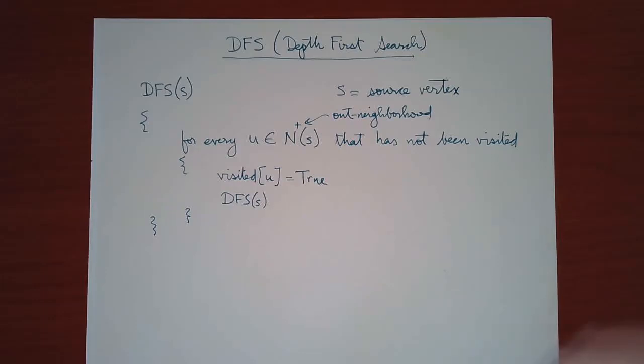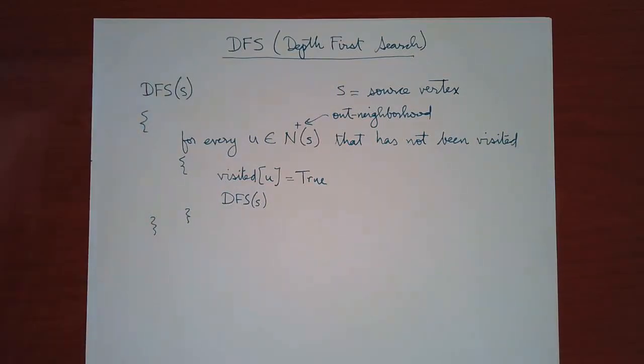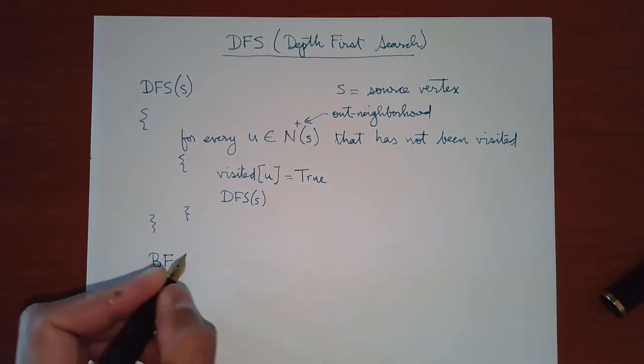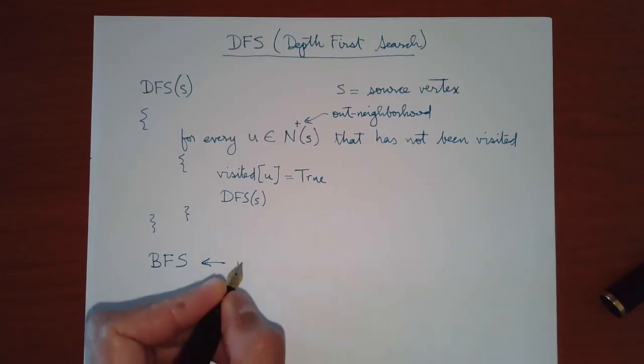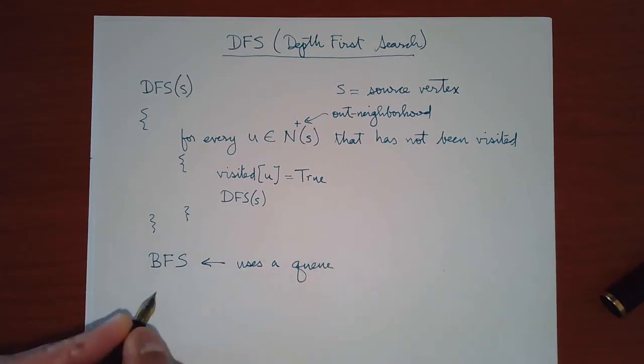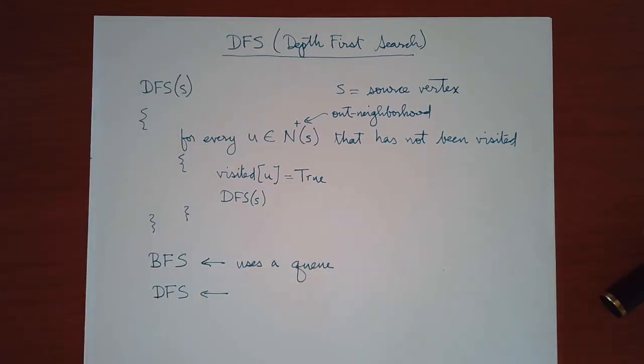And that's pretty much it. I mean, of course, there's more. I have to add some extra things that we keep track of, but the basic logic, this is it. So you can think of, remember, BFS uses a queue. Now DFS is doing recursion.